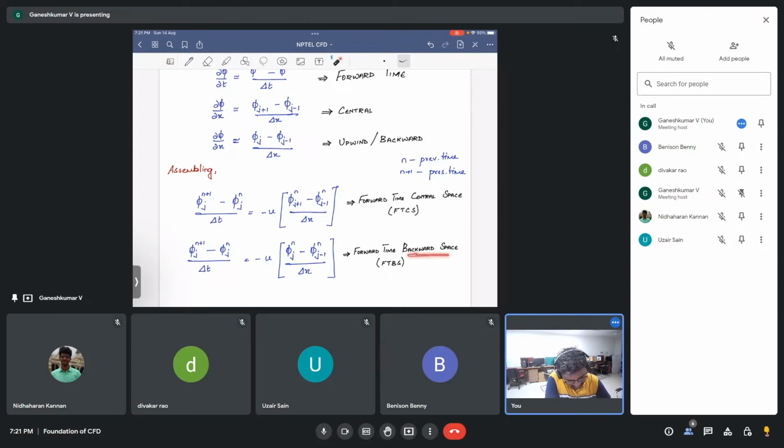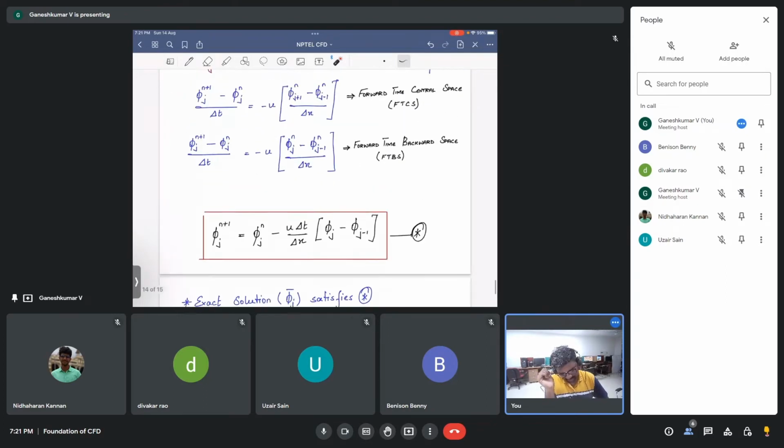Similarly we have backward space, j and j minus 1. We won't be doing the stability analysis for both. This would be left for homework. You can do it on your own, but we will do a stability analysis for forward time, backward space. Why we are doing this is, we will come up with an important parameter while doing this.